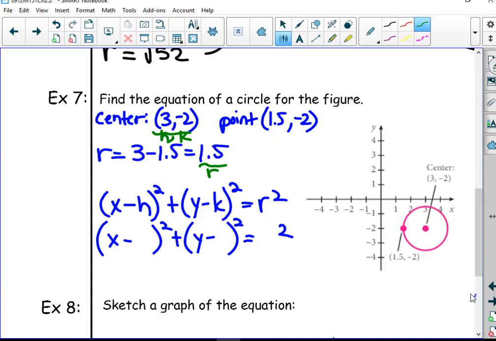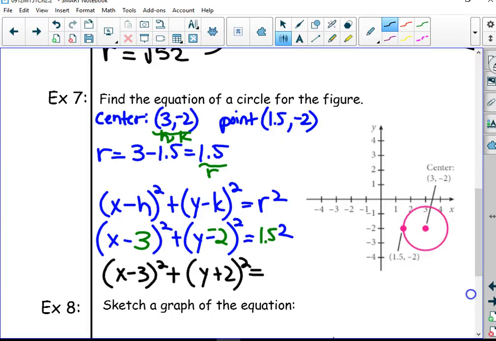And our h is 3, k is -2, and the radius is 1.5. And 1.5 squared is 2.25.